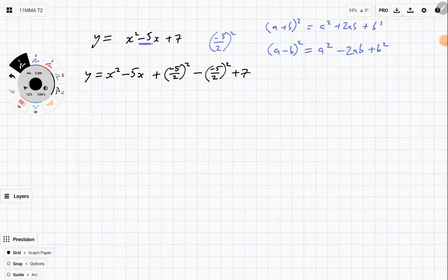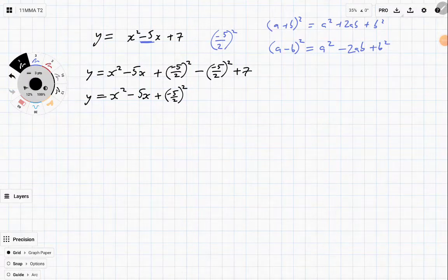Now in this case, it's going to look a little bit ugly, but it is going to work. We're going to have x² − 5x plus really (5/2)². The negative doesn't really matter, but let's keep it in there. Minus, and then we could just start simplifying everything else.